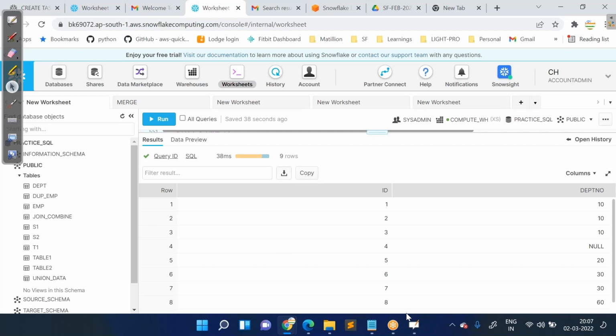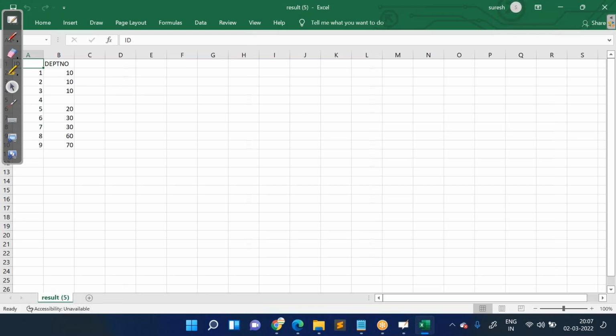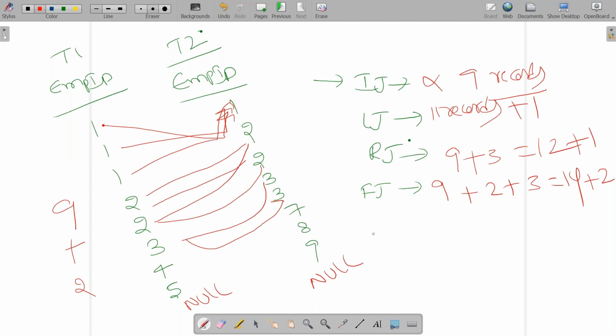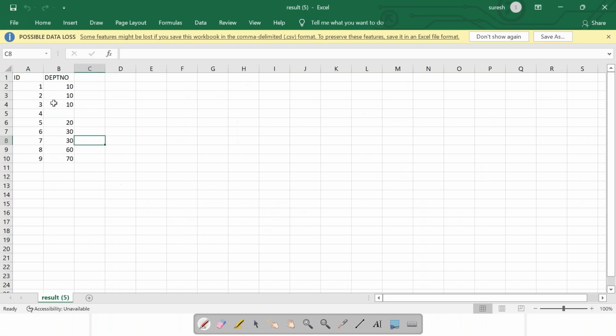Let me show you in the Excel. This is the data here, nothing is showing, it is showing as null. This is the employee table.